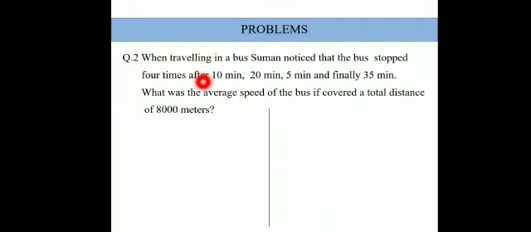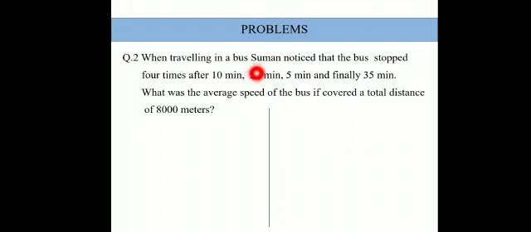So Suman is traveling in a bus, and she observed something and shared it with us. When traveling in a bus, Suman noticed that the bus stopped 4 times in her complete journey from the starting point to the final stop where she wants to get down. First time it stopped after 10 minutes.